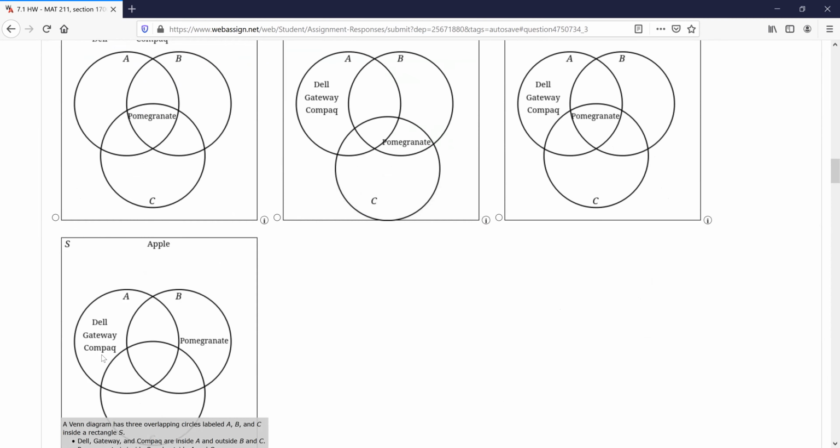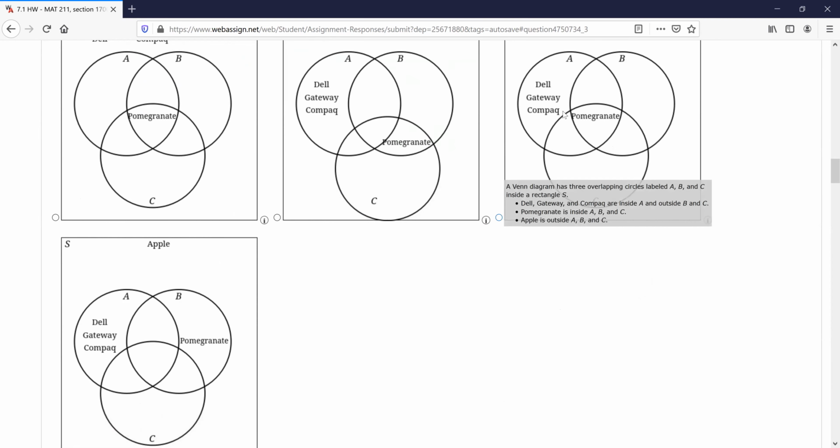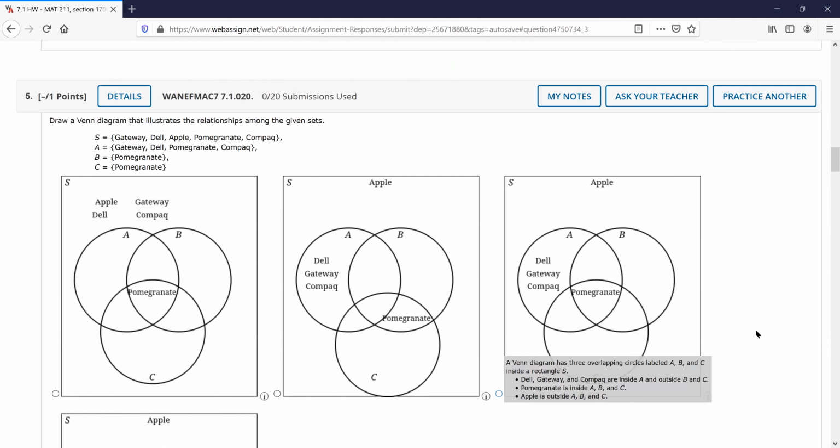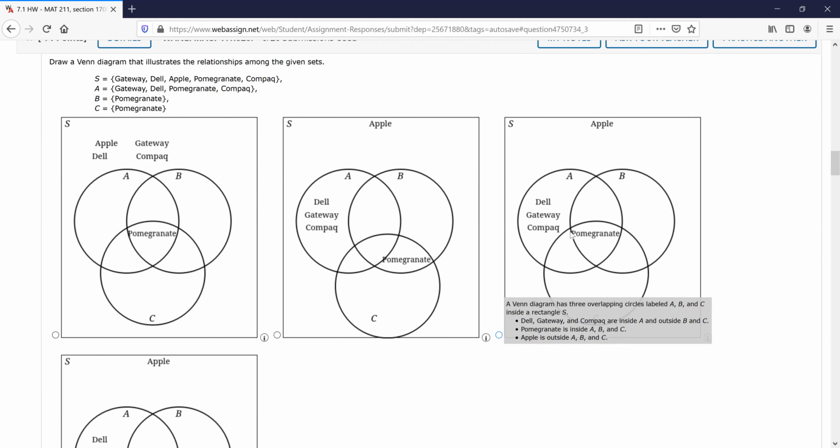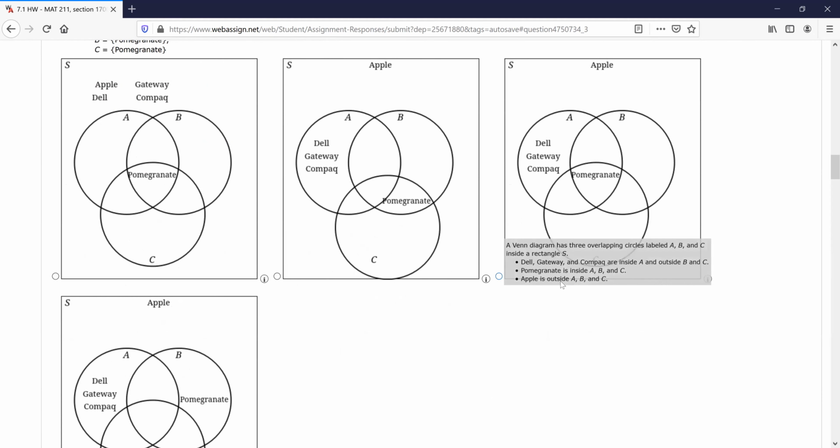Okay, so this one on the top right here. So C contains pomegranate. You can see that. And then A has Gateway, Dell, pomegranate, and then compact. But B also has pomegranate in it. You can see that still works out for that one. And that's all the ones that are there.